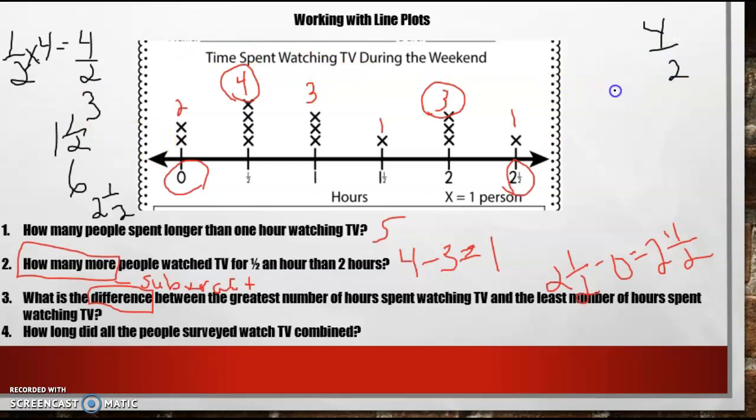That's a whole number. I have 1.5. Notice how my 1 is under the 3 because they're both whole numbers, and my half is under the 4 halves because they're fractions. I have my 6. I'm going to put that under the whole numbers. I have my 2.5.